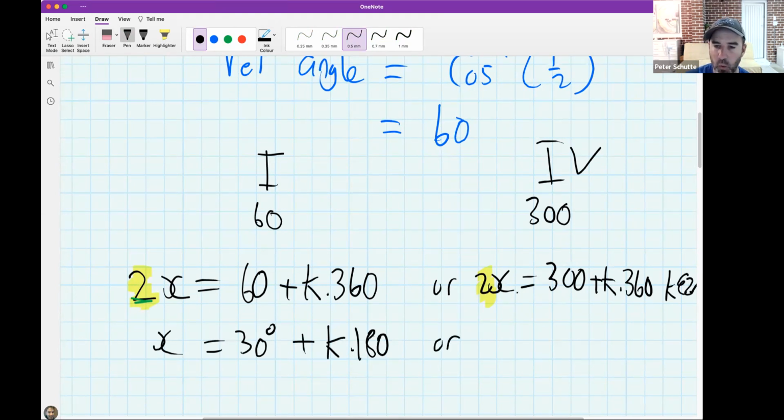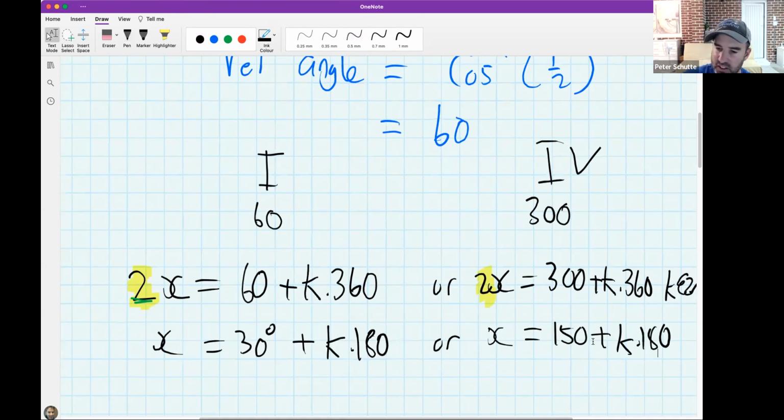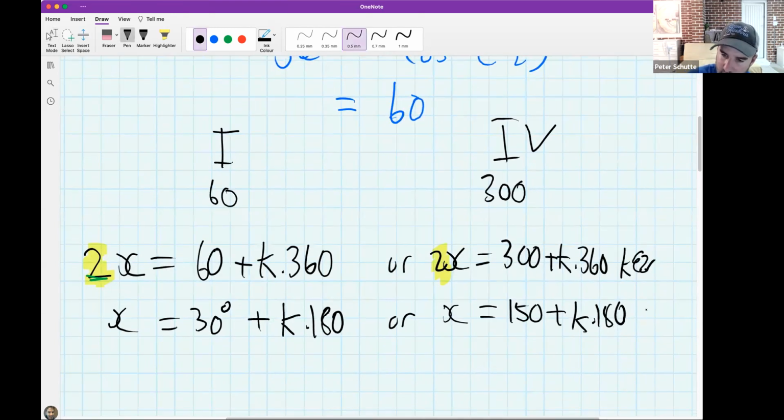Over here, what is 300 divided by 2? Okay, so if I divide both sides by 2, I'm going to get x on this side, and I get 150, and then I get k times 180. And so this is a more difficult trig equation where there's been a period change in the question.